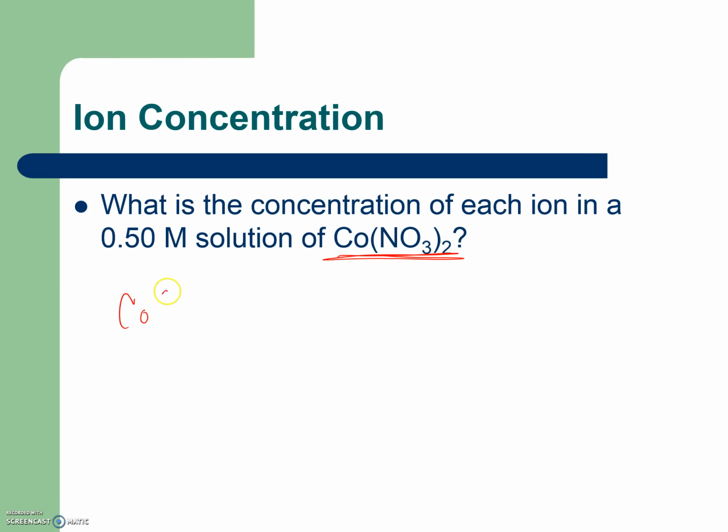So if I have this and it's aqueous, which means it's in solution, it's really ions. And so if I break this apart, and we learned this when we did precipitate reactions, it's going to be Co+2 and NO3-1.